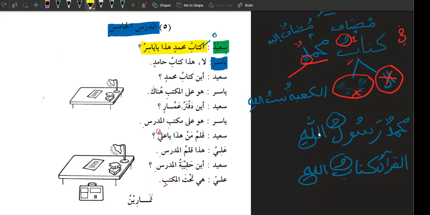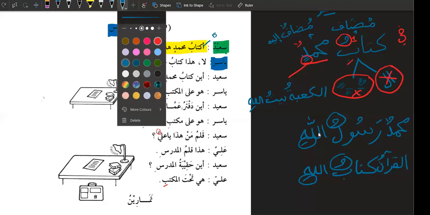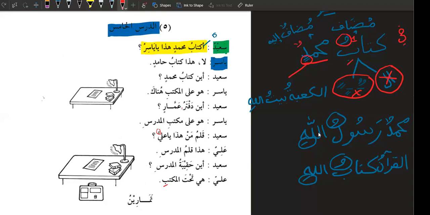So, for example, here, كتاب محمد هذا. So we ask, is this Muhammad's book? So هذا here comes before the actual مضاف مضاف إليه. It's permissible. We can say أهذا كتاب محمد, is this Muhammad's book?